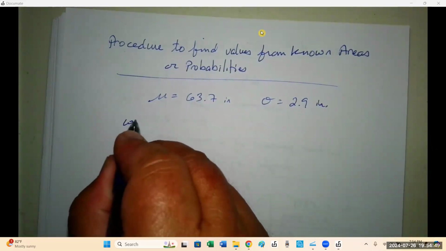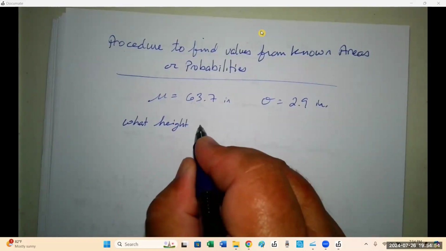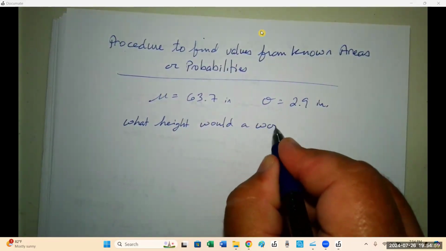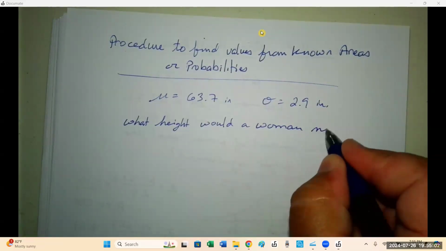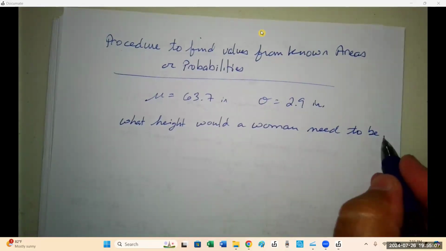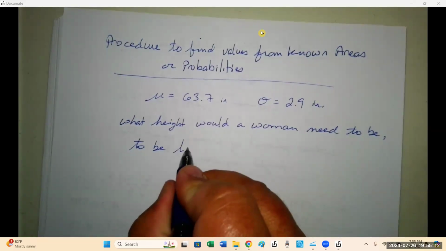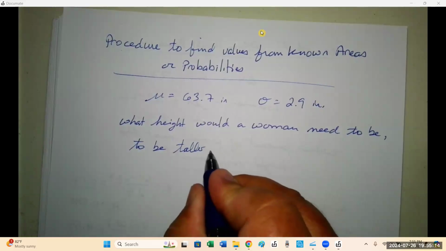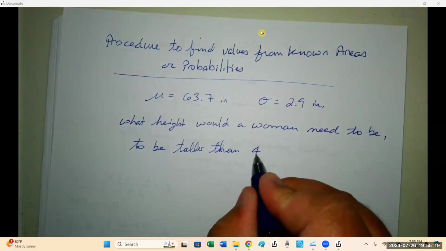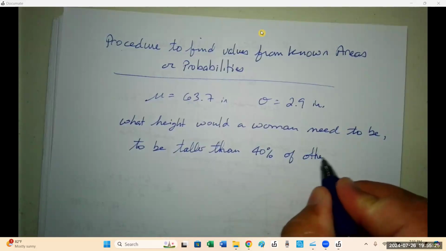I can ask you the question, what height would a woman need to be taller than 40% of other women?